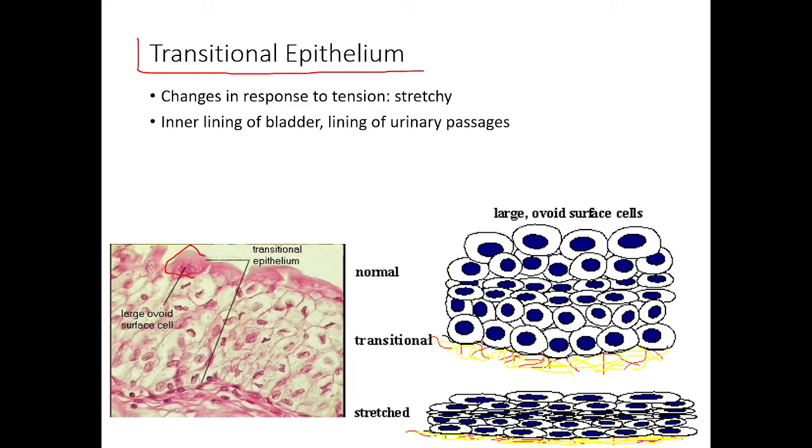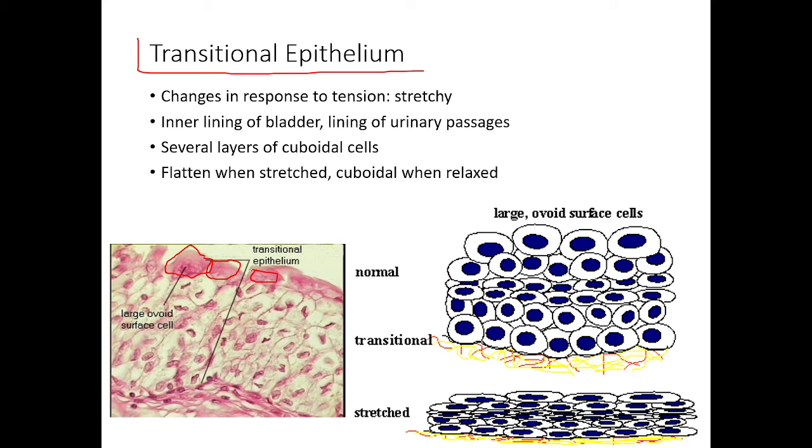These cells which are superficially present are transitional epithelium cells. Several layers of cuboidal cells make up transitional epithelium. They are flat in shape when stretched and cuboidal when they are relaxed. They keep urine in the urinary bladder, so they have the function to hold material inside. So they have a contraction and relaxation property.